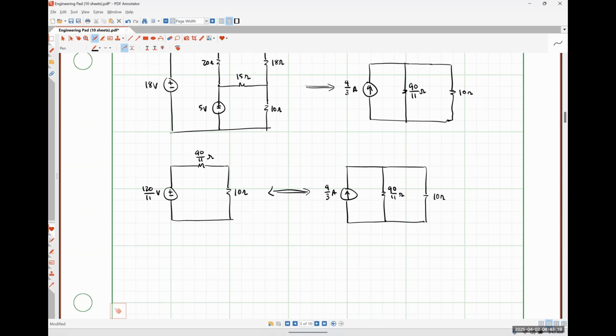So if I can find one, I can immediately find the other using the exact same relationships that we discussed in our last class meeting.